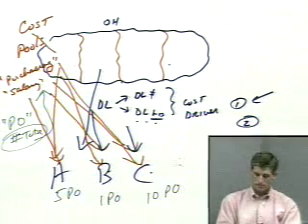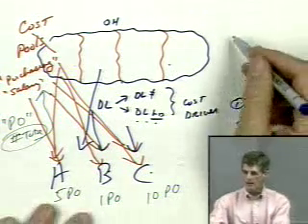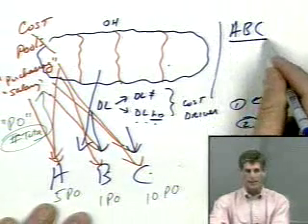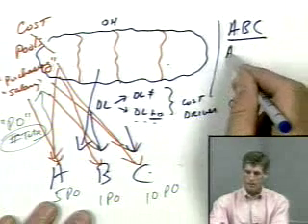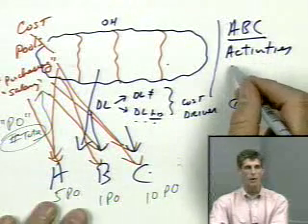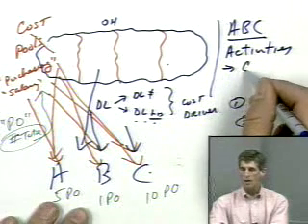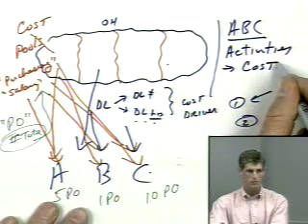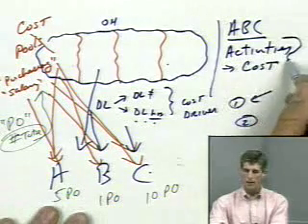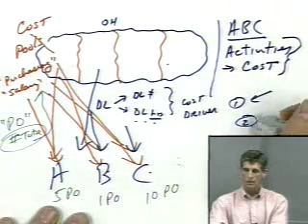Now, activity-based costing is the idea that it's activities that cause what? That cause cost. Now, inherent in that assumption is what? You have activities.